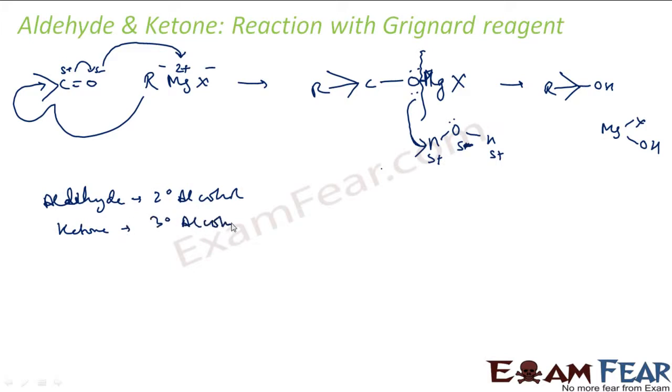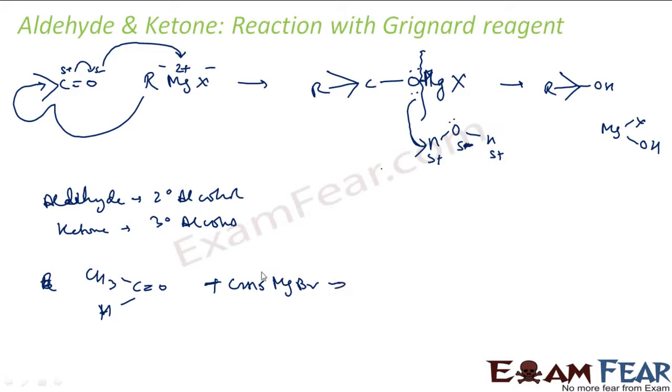I can show you how. See this one, right? Is my this. So let me take one example. This is my aldehyde. With this, let's suppose I add C2H5MgBr, right?